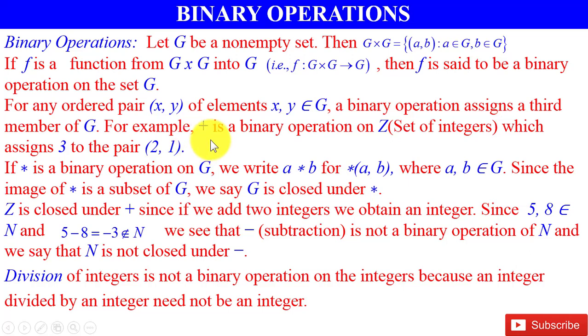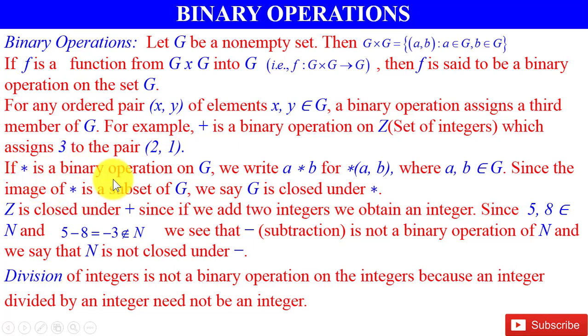For example, plus is a binary operation on the set of integers Z, which assigns 3 to the pair (2, 1), that is 2 plus 1 is equal to 3, or to the pair (1, 2), which gives 1 plus 2 is equal to 3.